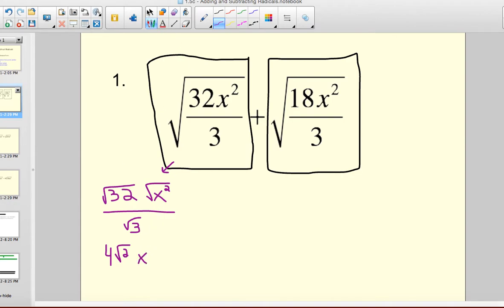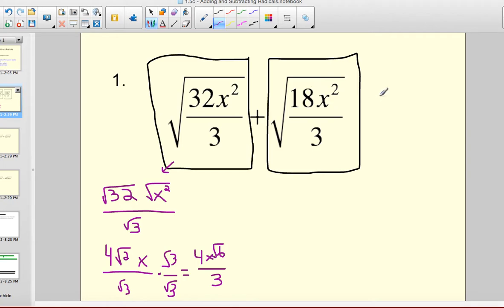I was going to move the x in front, but I'll do it in a separate step. And then over the square root of 3. So we need to multiply by root 3 over root 3 to get it simplified. We should end up with something like 4x root 6 over 3. And you can't do anything else with that.